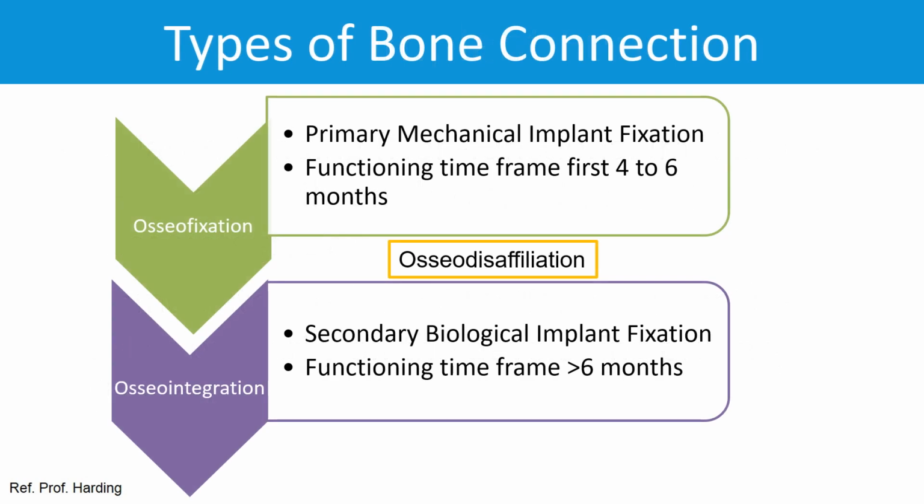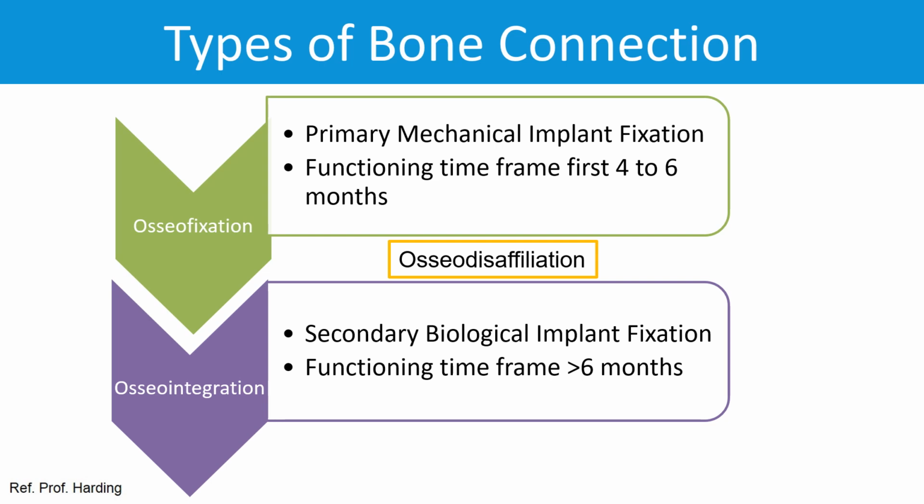With the advent of immediate loading, it's important that dentists should understand what is happening biologically to the bone and what the situation is with regards to the type of attachment or fixation of our implant. So if we're intending to immediately load our implants, what we're relying upon is primarily a mechanical implant fixation.